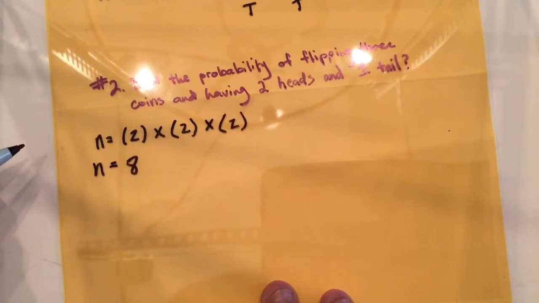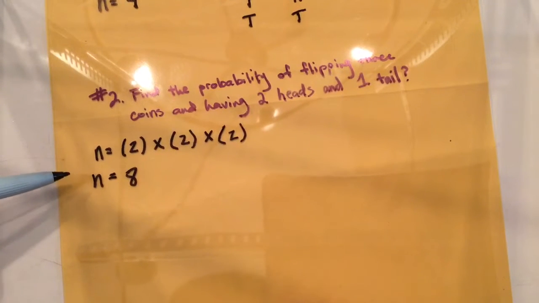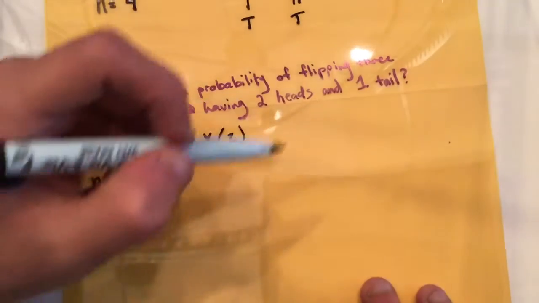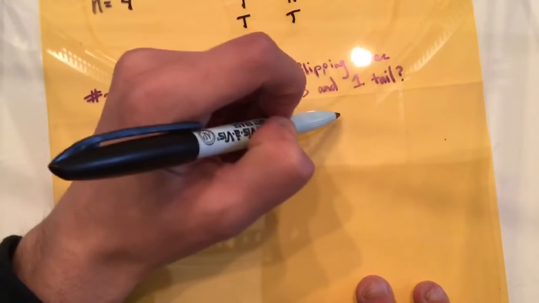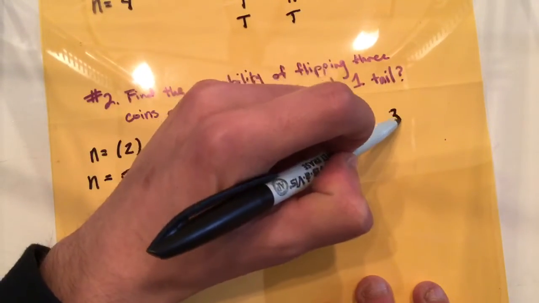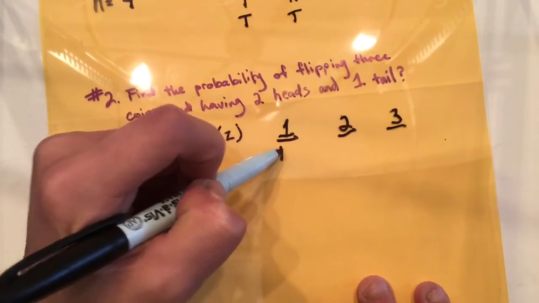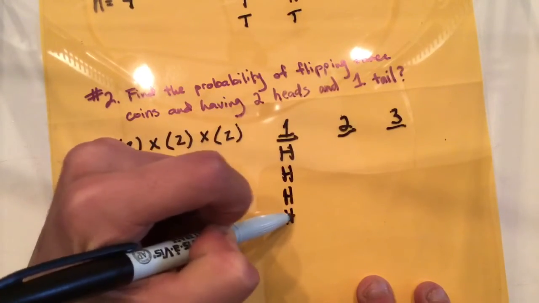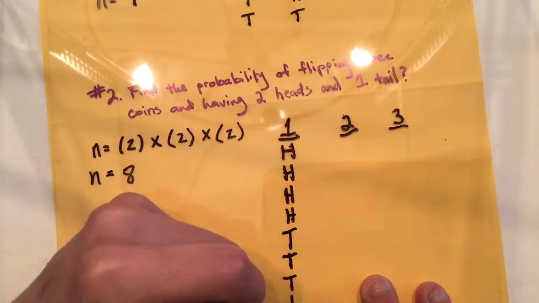Once we know that, we are going to set up a chart just like we did previously, but this time we're going to have three columns because we have 3 coins, and each column is going to have 8 rows because we have 8 possible outcomes. So I got columns 1, 2, 3, and rows 1, 2, 3, 4, 5, 6, 7, 8.